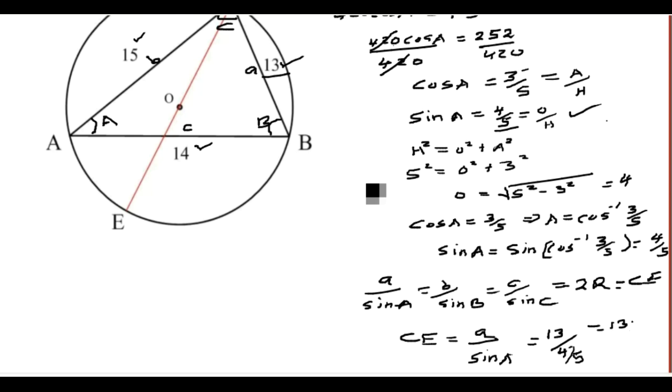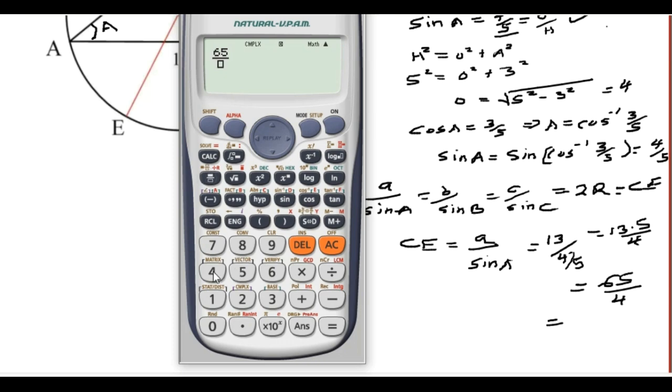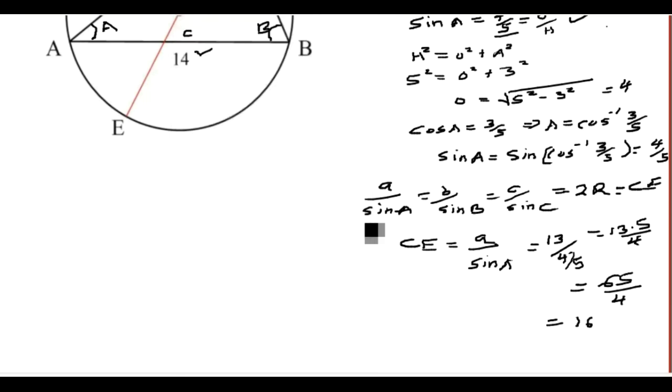That means it is 13 times 5 divided by 4. So 13 times 5 divided by 4, you get 65 over 4. And that gives you 16.25. So the diameter CE is 16.25.